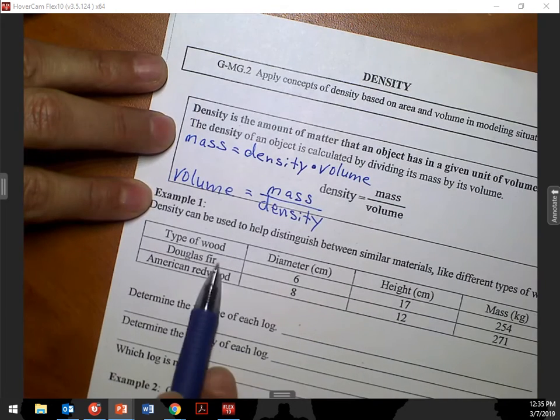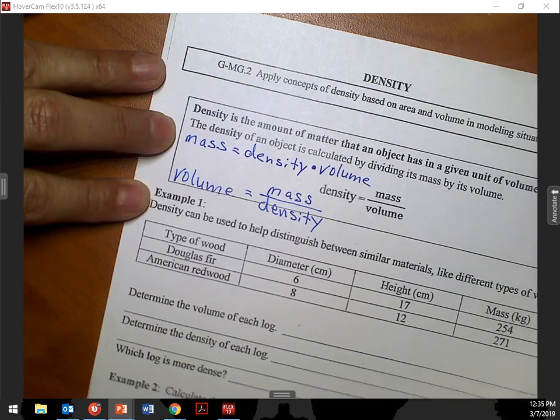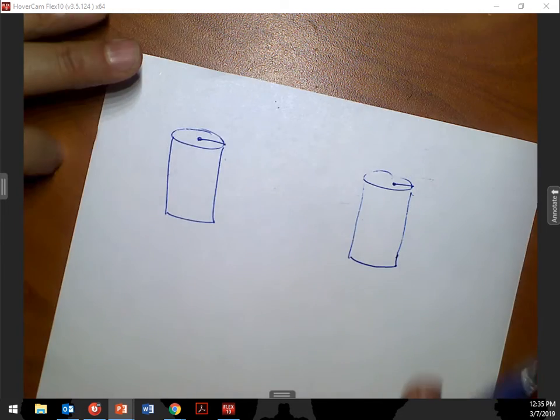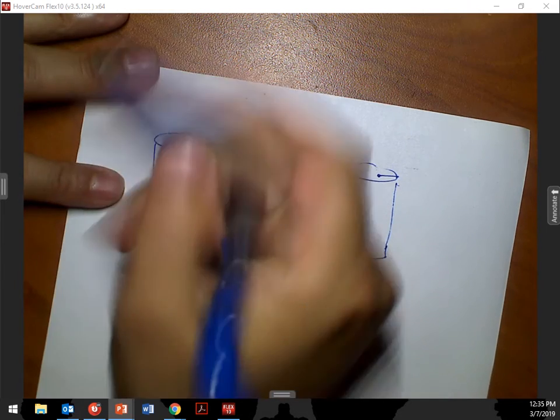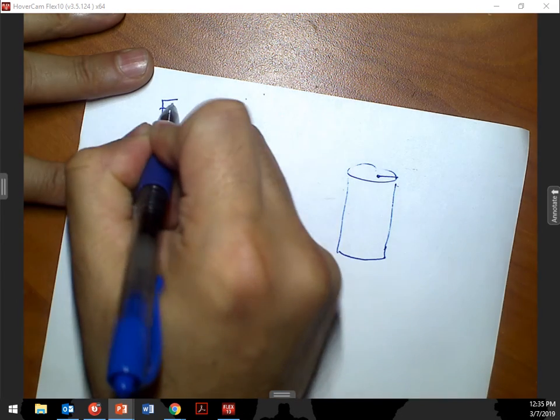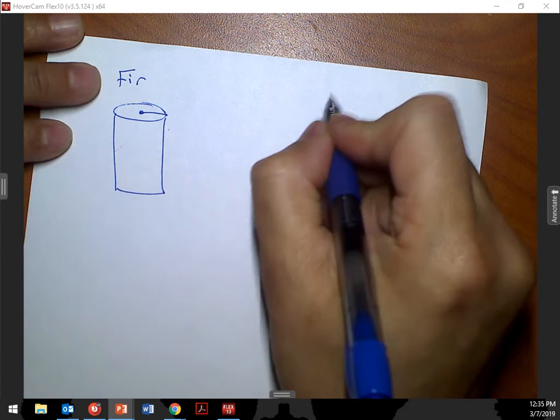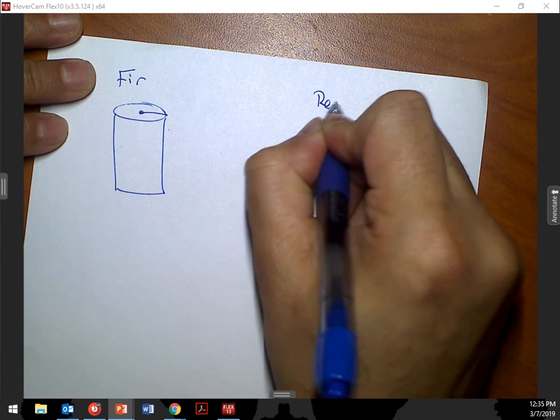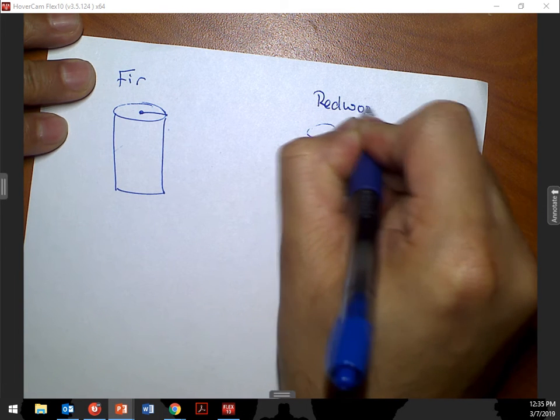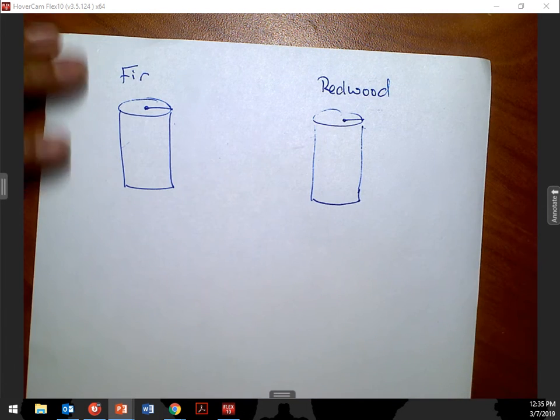So I have those two. So I'm going to call one fir and the other one a redwood. This one's going to be fir. Okay, F-I-R. F-I-R, yes. And this other one's going to be a redwood. So I have fir and redwood.